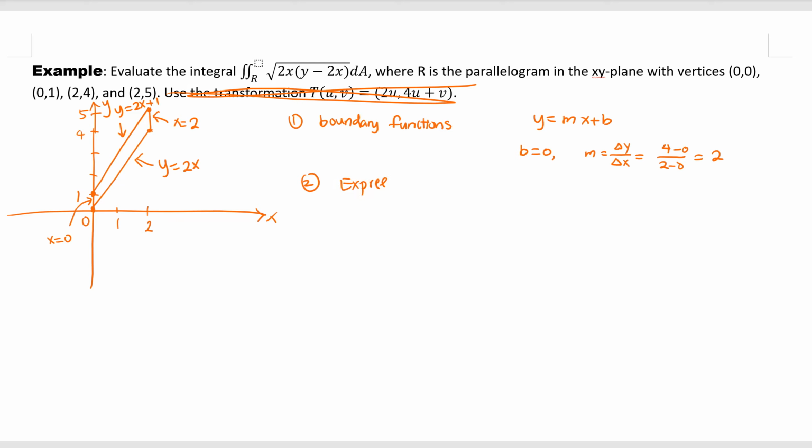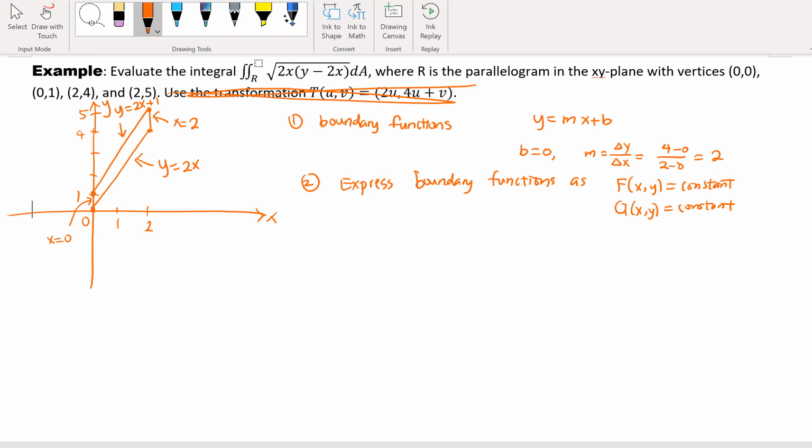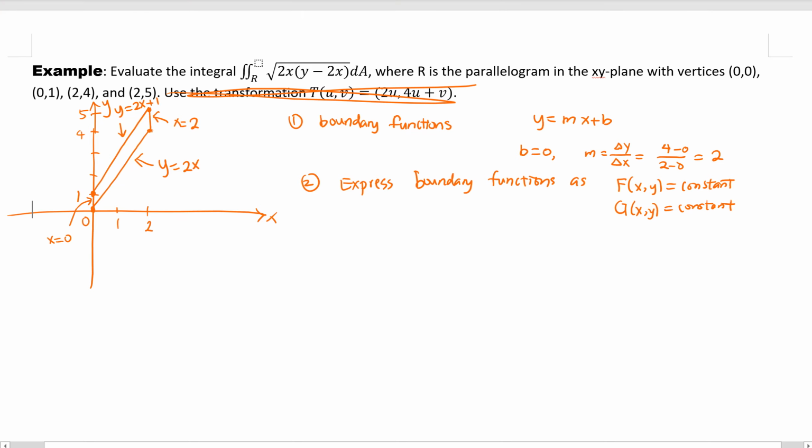Express the boundary functions as f of x, y equals constant, g of x, y equals constant. Okay, let's see how we can do it. Let's see this guy. We can move the 2x to the left.